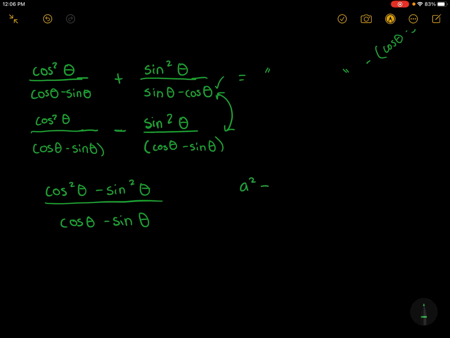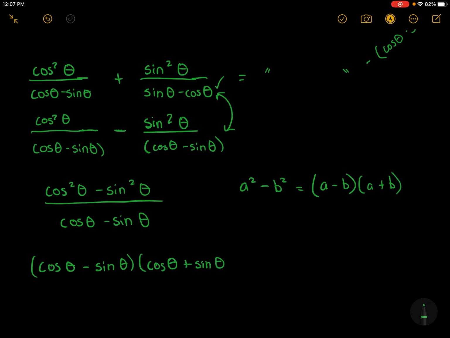If you have a squared minus b squared, that's going to equal a minus b times a plus b. And that's what we have in the numerator. So we're going to make that cosine theta minus sine theta times cosine theta plus sine theta.